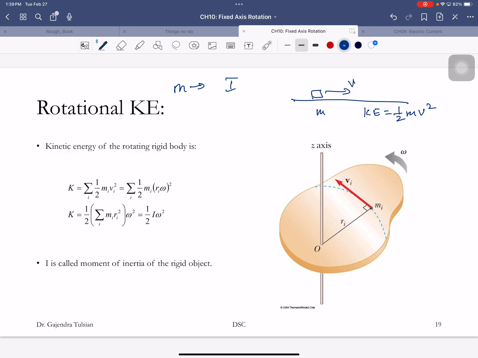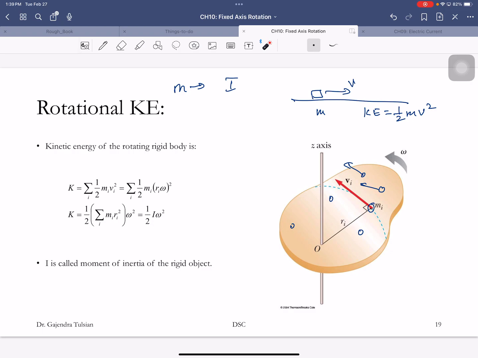So, well, you're not afraid of that. You just break this darn thing up into little pieces. Figure out the velocity of each one of them. Okay, and add them up. Okay, so there's the kinetic energy of each little piece, and then you sum it over all the pieces.